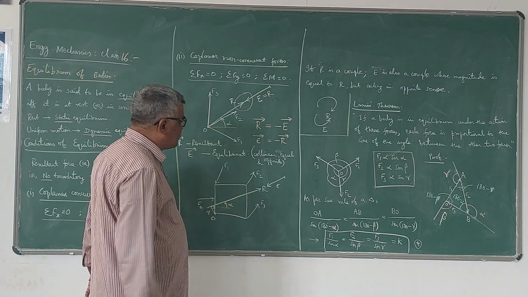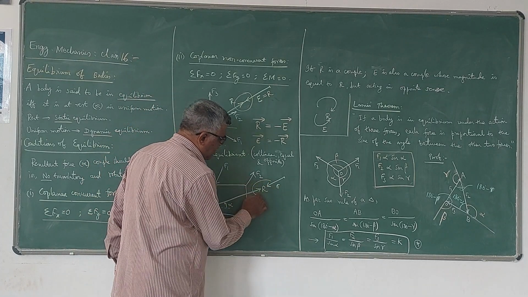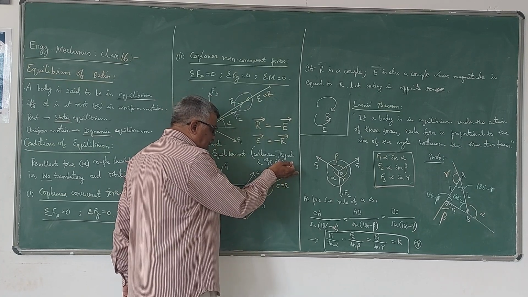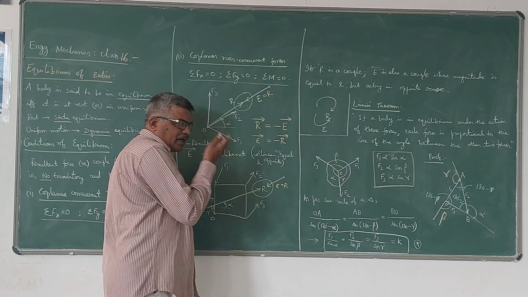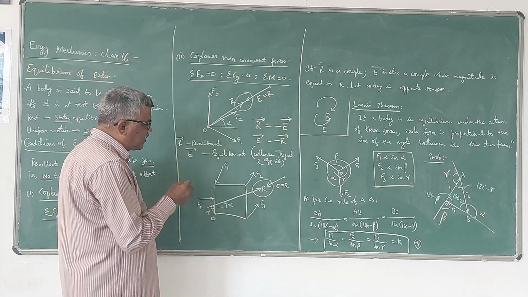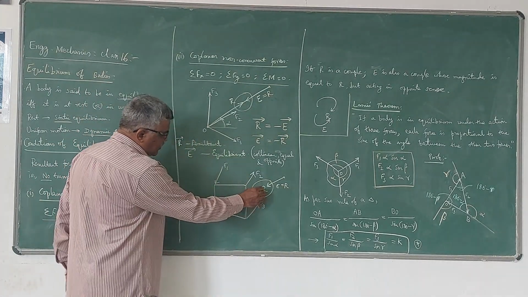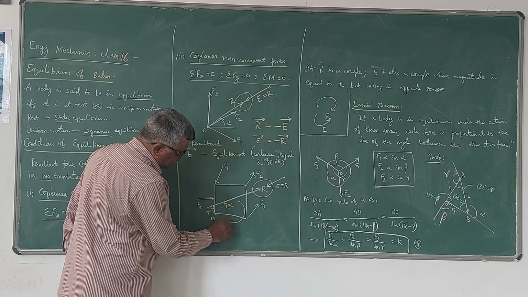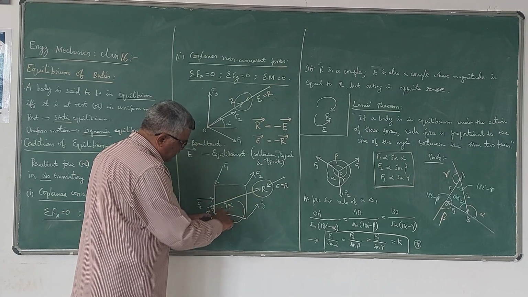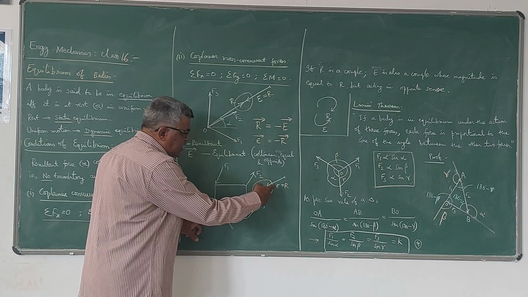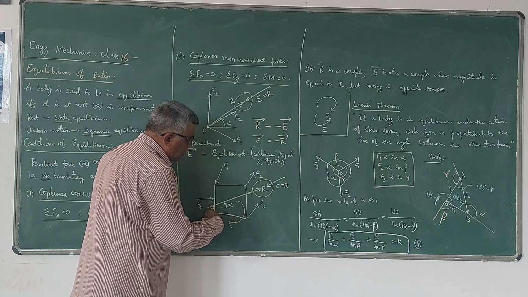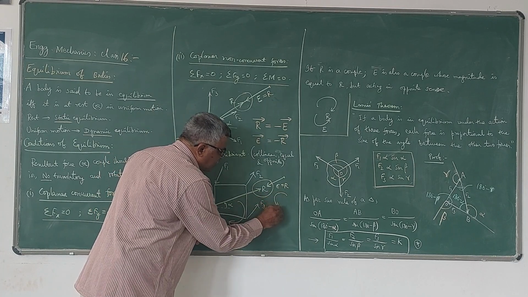In this case also, equilibriant is a force which is equal in magnitude to R, acting in the opposite direction and also collinear. So see here, the moment due to this resultant R about the point O is clockwise, whereas the moment due to this equilibriant force E about this point O is anti-clockwise.